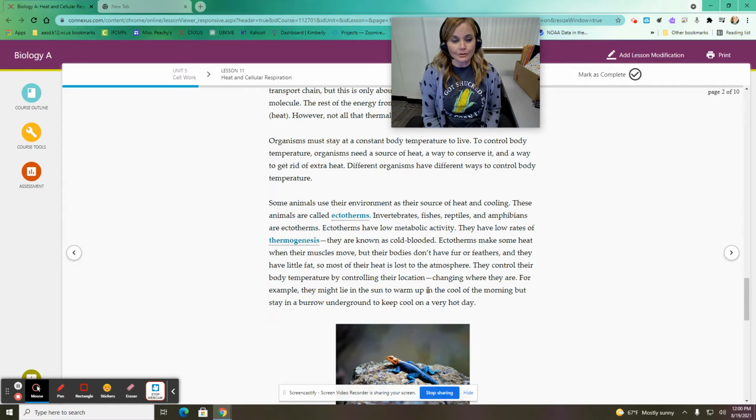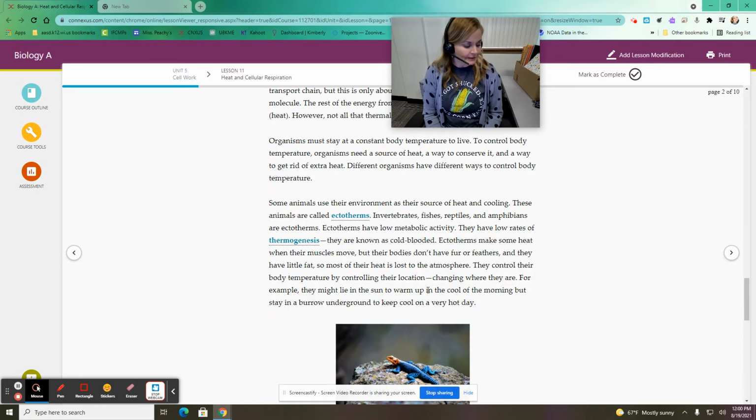So another term here, thermogenesis. Thermogenesis is the ability of our own bodies to generate heat. We're generating our own heat. And cold-blooded or ectothermic animals, they don't have the ability to do that as much. They still do, but they're not really able to control their body temperatures, so they rely upon the external environment to do that.